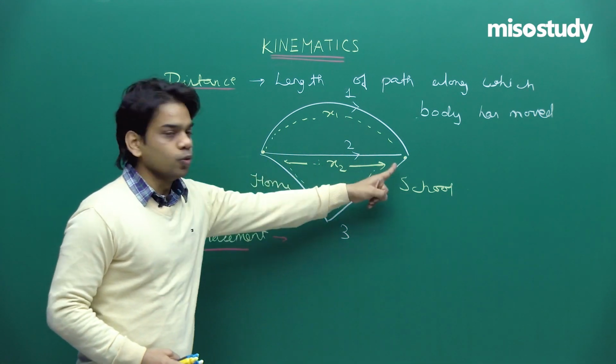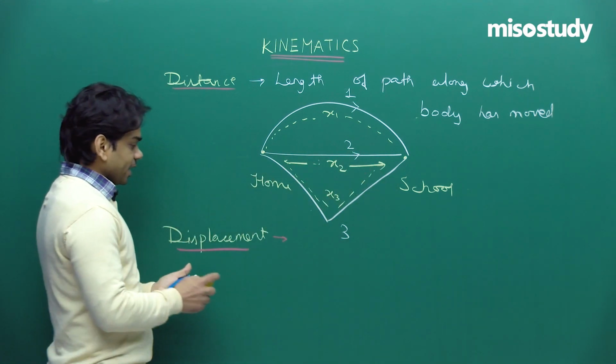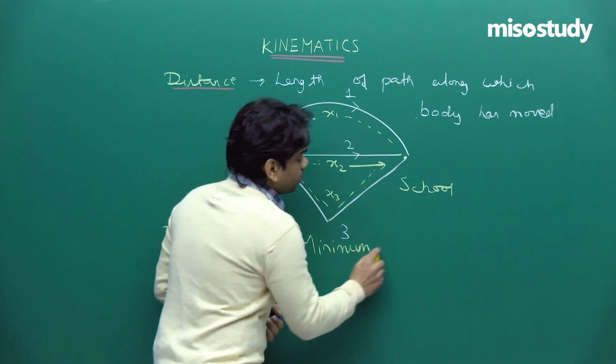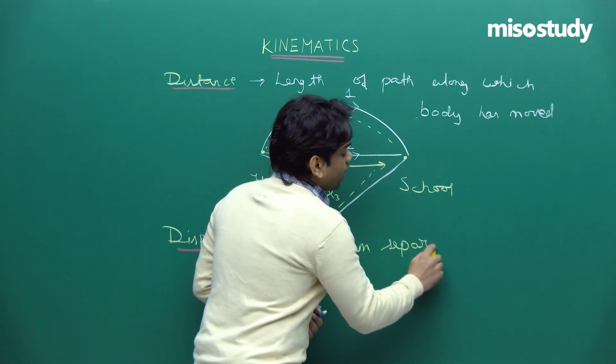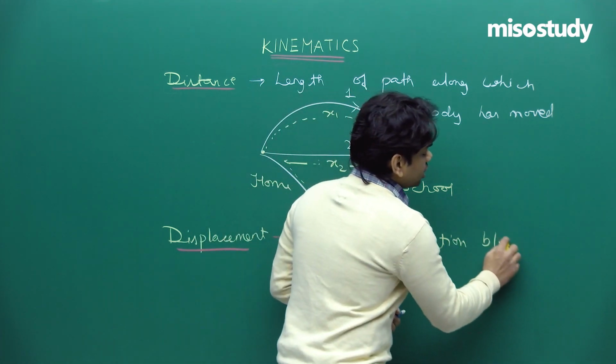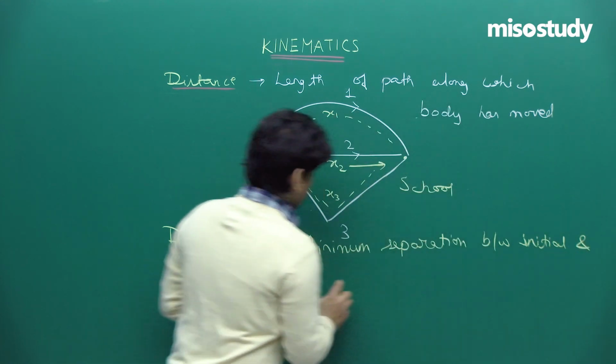So the length of path 2 will be the displacement. It is the minimum separation between initial and final point.